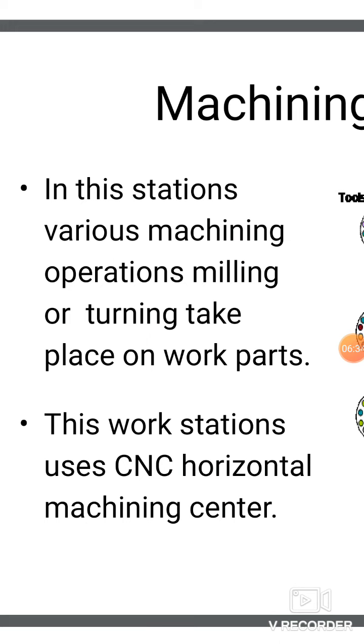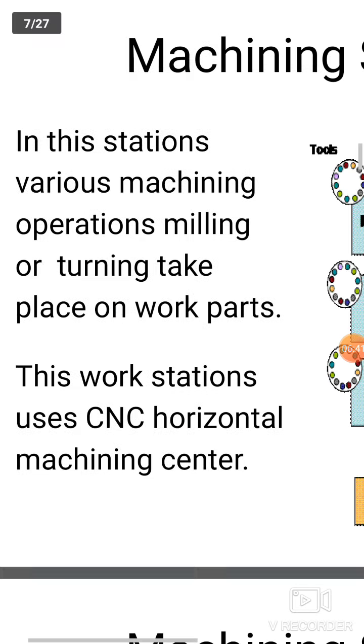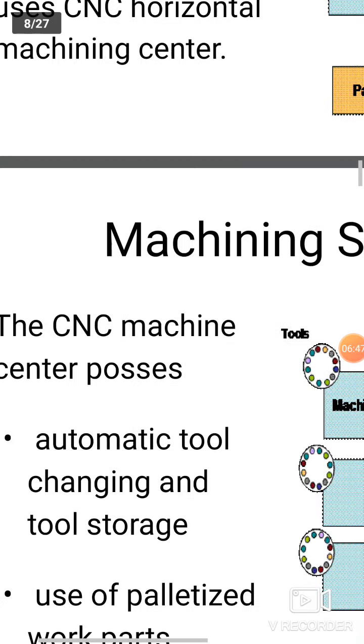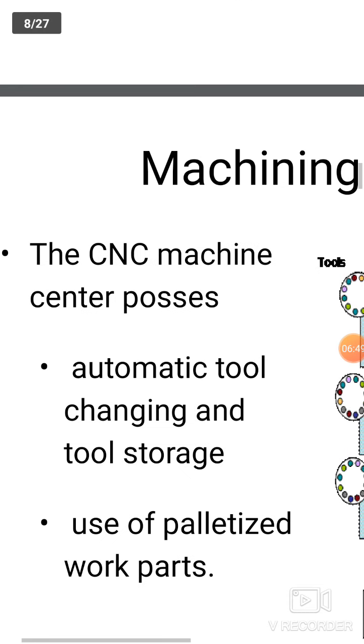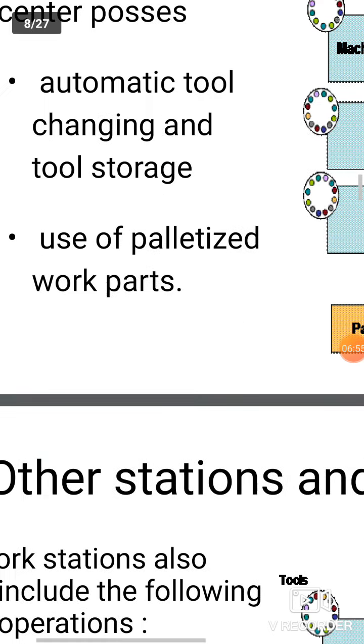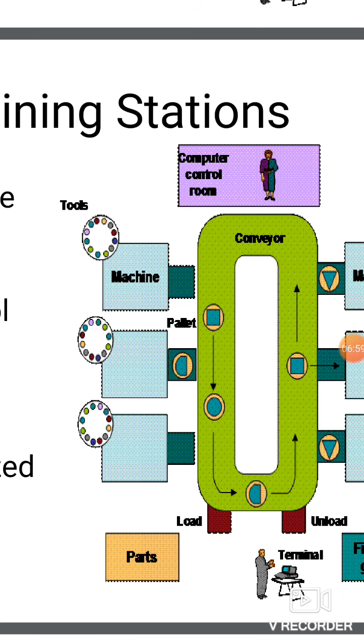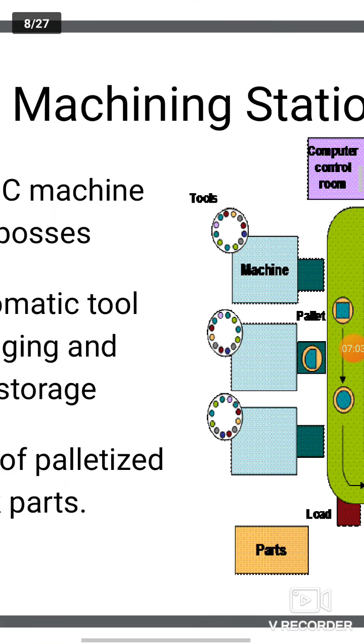This workstation uses a CNC horizontal machining center, which possesses automatic tool changing and tool storage, and uses palletized workstations. Here the pallet also changes its position after finishing one cycle. That is called a machining center.